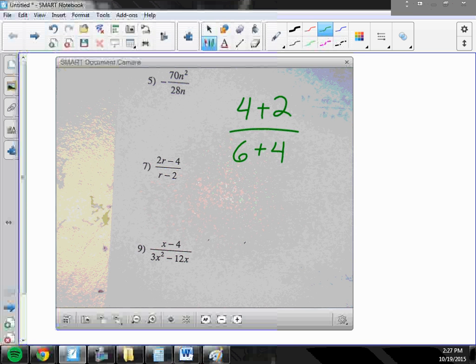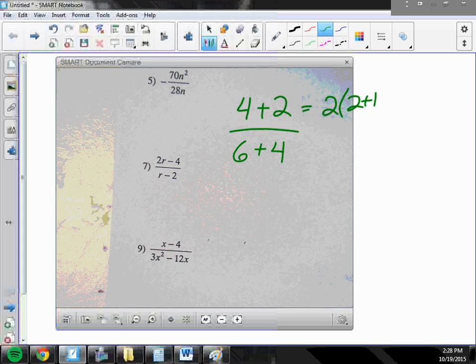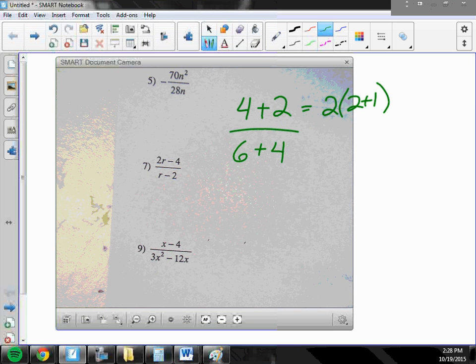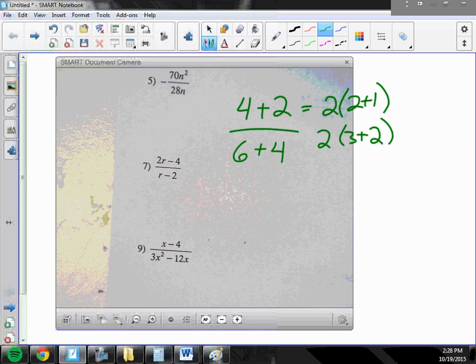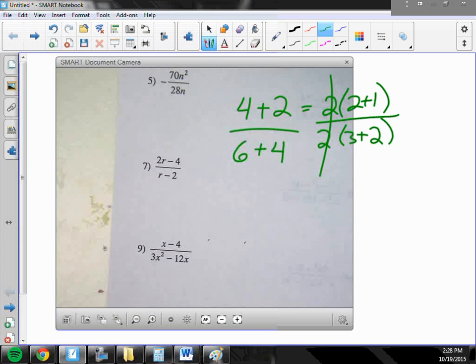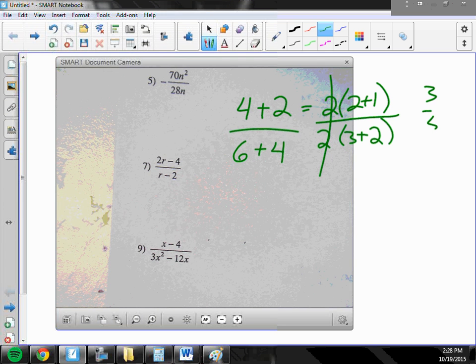Can I factor something out? I can pull out a 2, and if I take out a 2, what's left? 2 plus 1. And on bottom, I can pull out a 2, and I'm left with 3 plus 2. Now does anything cancel? The 2's cancel, and if I added those, I'd get 3/5.